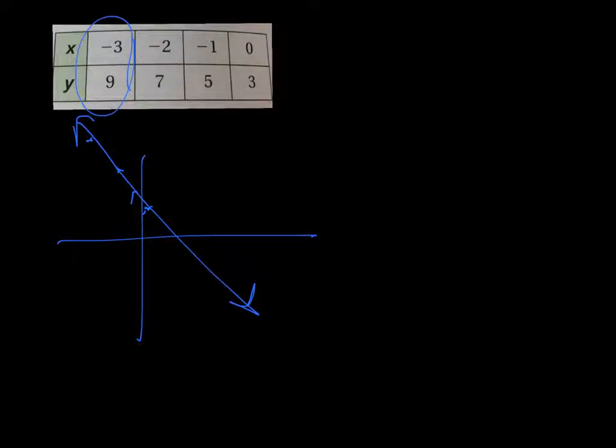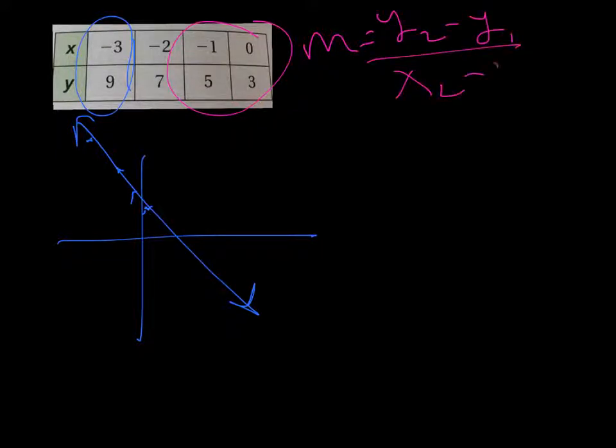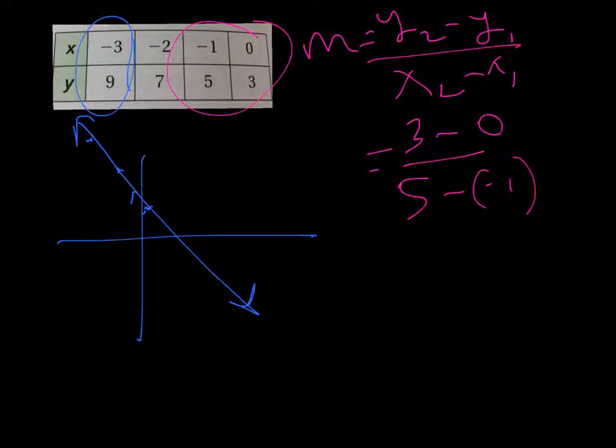So we want to find the slope. I'm going to use these two points here because there's a 0 in this one, and that always makes it easy. So I have m equals (y2 minus y1) over (x2 minus x1). I plug in my points: (3 minus 0) over (5 minus -1).